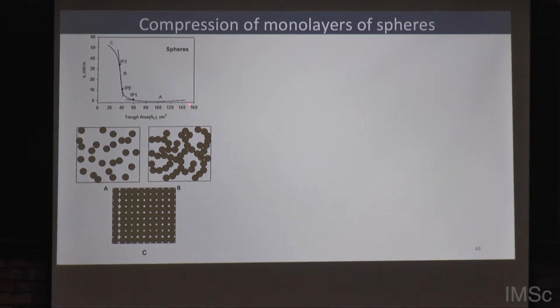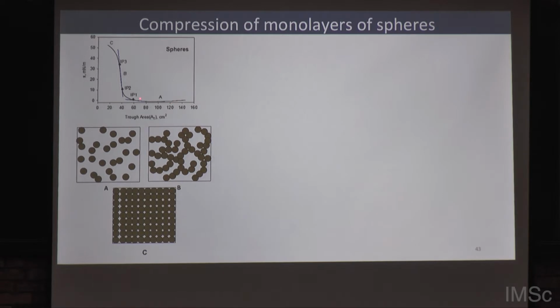However, as you start reducing the area that is available, at some point you start seeing an increase in the surface pressure at this point IP1, and we can imagine the particles as forming some kind of 2D network. Now all the particles are in contact, and the moment you start compressing further, there is some resistance because the particles have to rearrange.